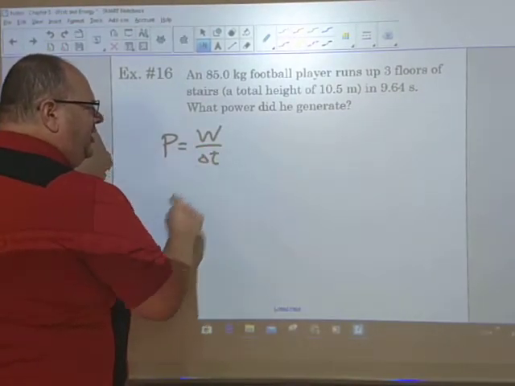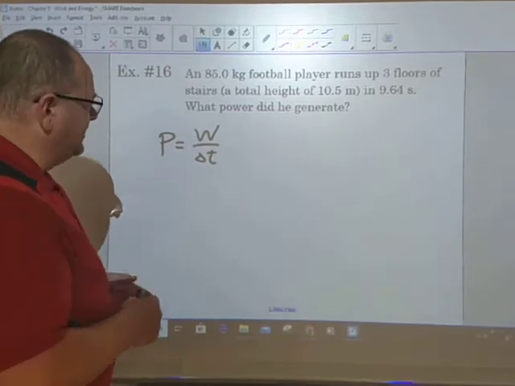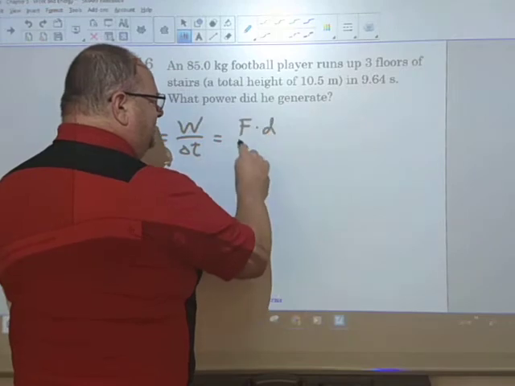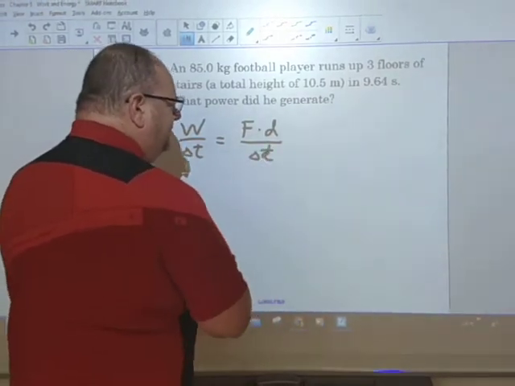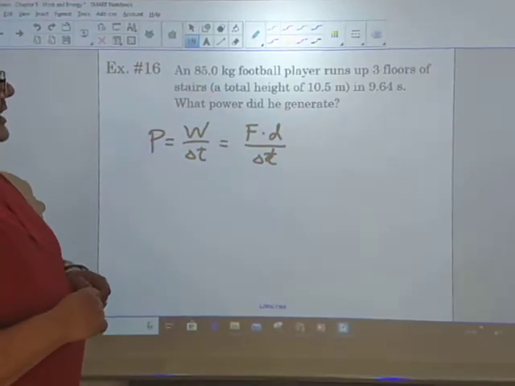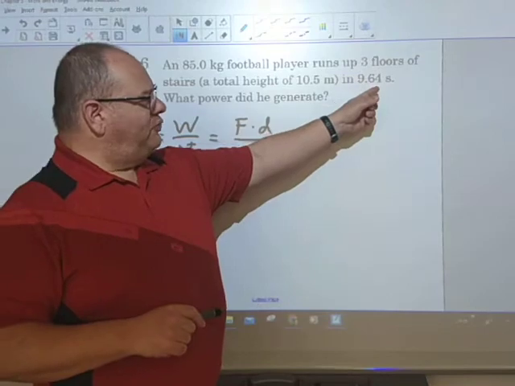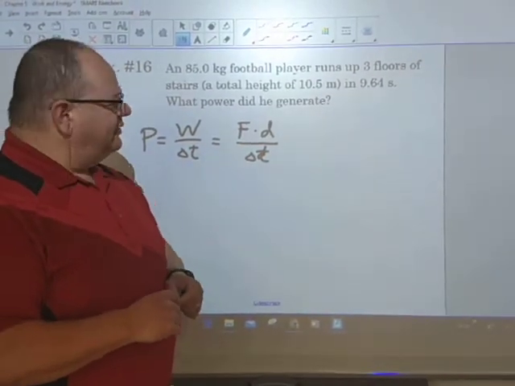I'm going to use work here. And let's think about what work he does. Well, work is force times distance. So power is force times distance over time. Okay? What force? We know the time, 9.64 seconds. We know the distance. He goes up 10.5 meters.